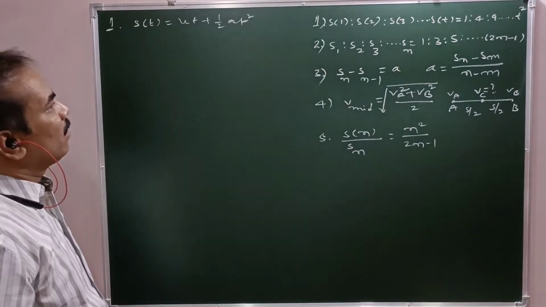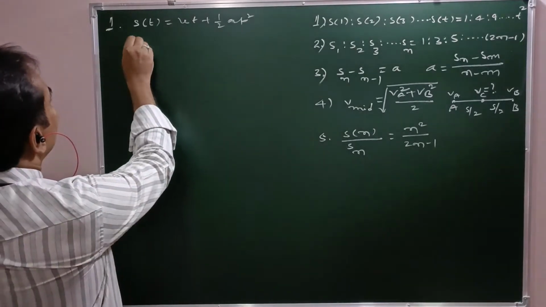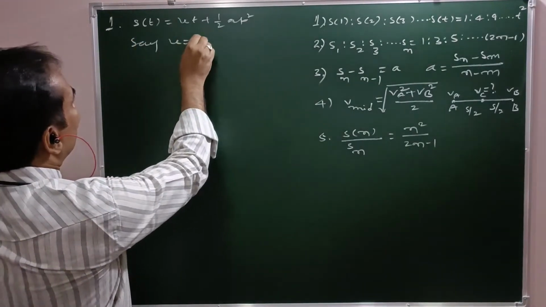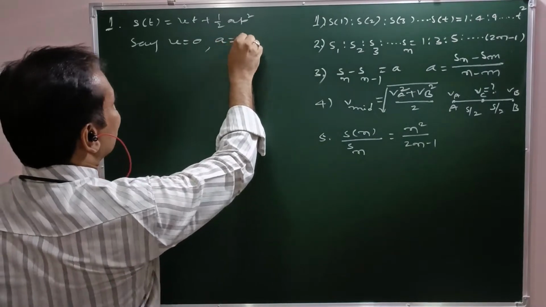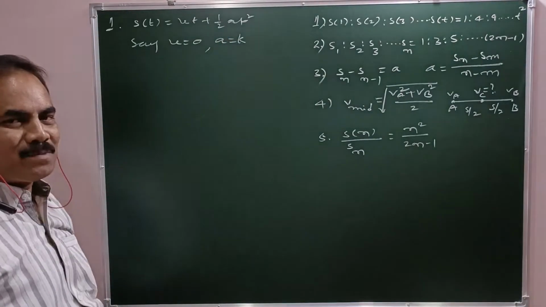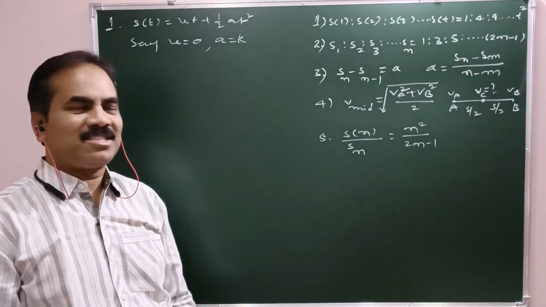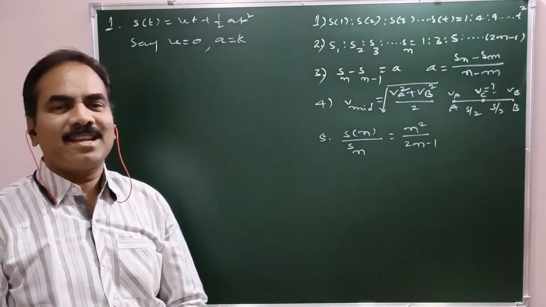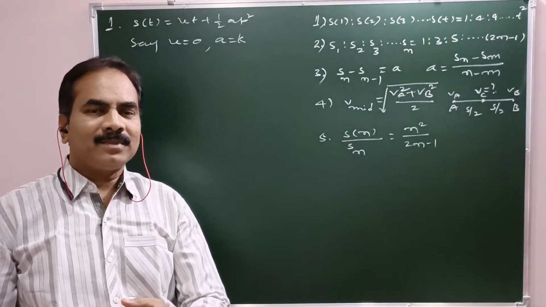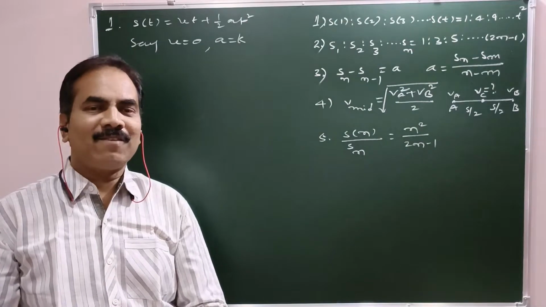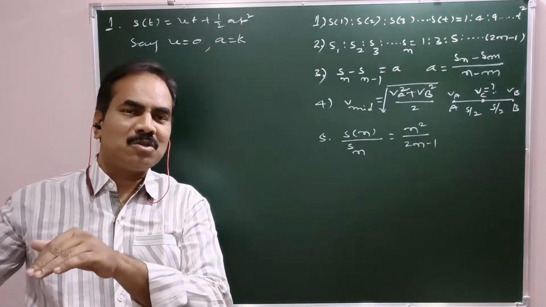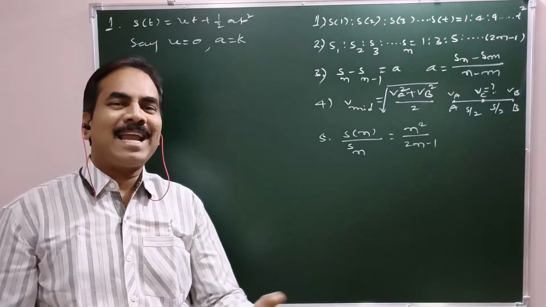Now say u equals 0 and a is constant. u equals 0 means the particle just starts from rest and moves with constant acceleration. When a particle starts from rest, the initial velocity is 0. When a particle comes to rest, the final velocity is 0.